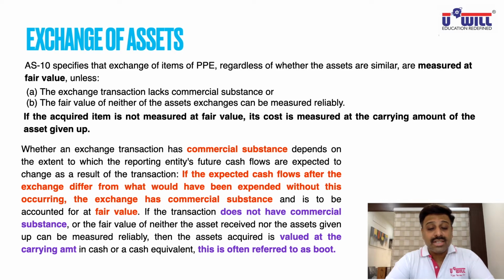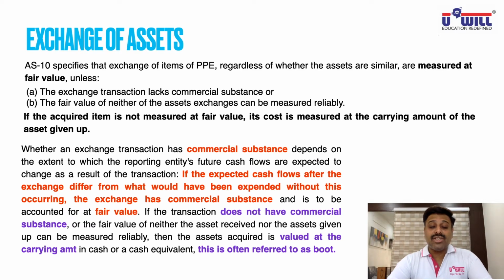If the transaction does not have commercial substance, means the expected cash flows are not more than the amount you are spending on it, or the fair value of neither the asset received nor the asset given can be measured reliably, so the A and B conditions are not satisfied, then the asset acquired is valued at carrying amount. We discussed already that if the fair value is not ascertainable, the carrying amount of the asset given up is used.